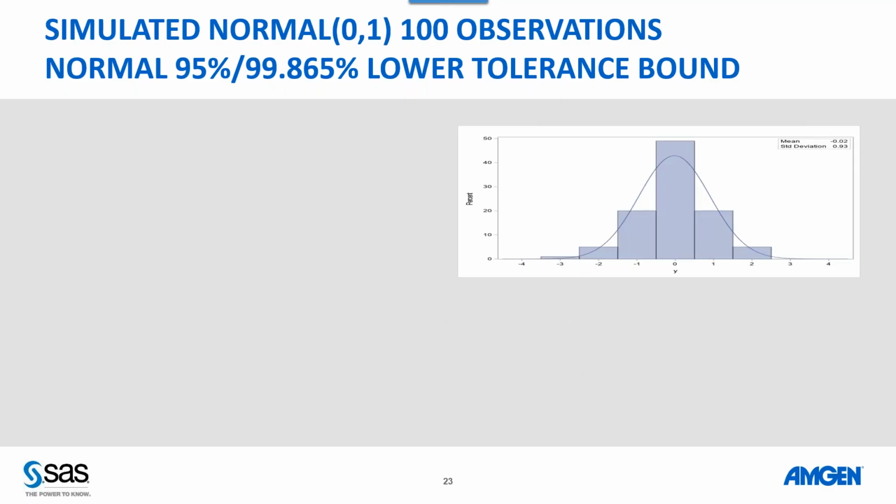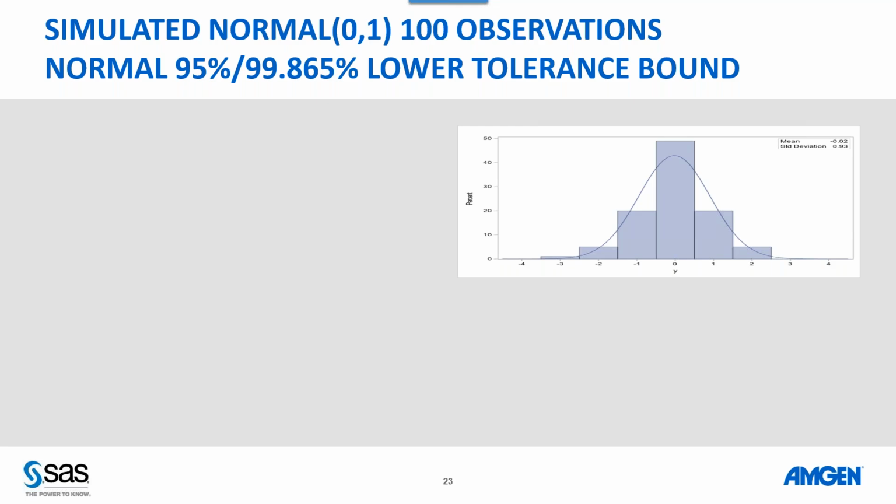Okay, so let's start. We're going to start with simulated normal 0, 1. Why? Because we know the normal, even though I bash the normal a lot. This is 100 observations from a 0, 1 normal, and I want a 95% confidence, 99.865 tolerance bound. Some of you may be thinking, wow, that's an odd number, Jose, 99.865.